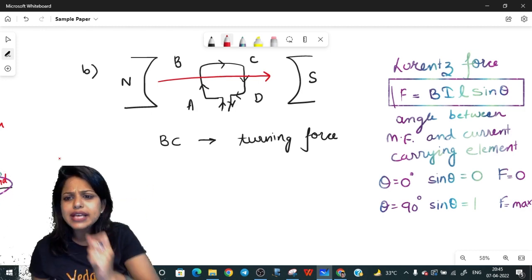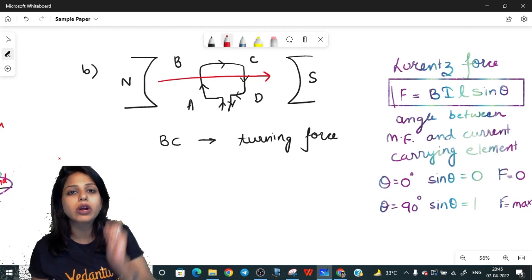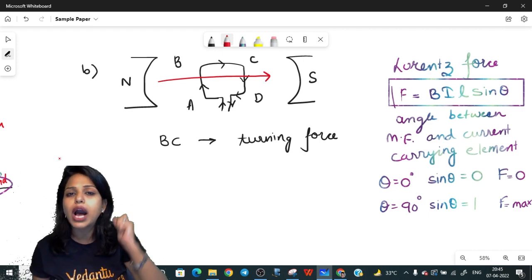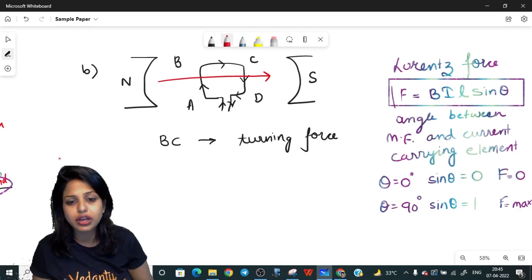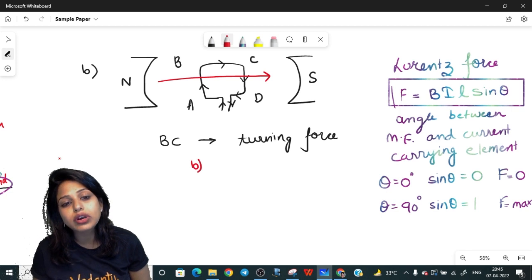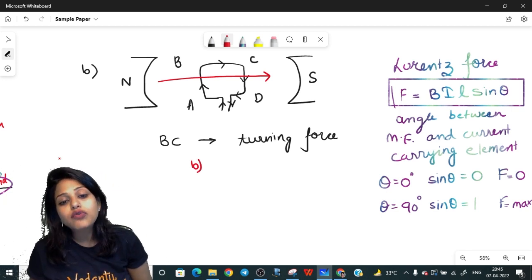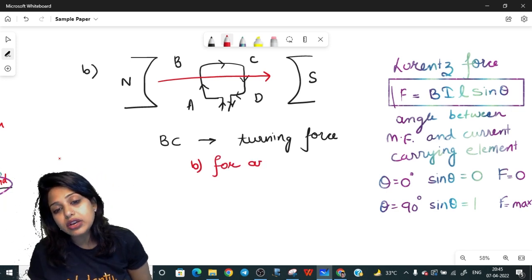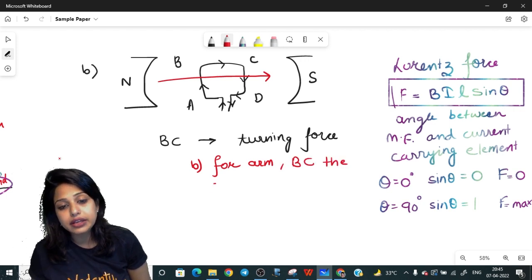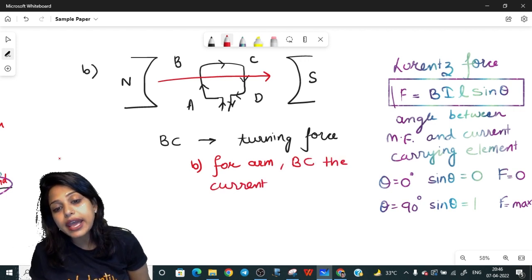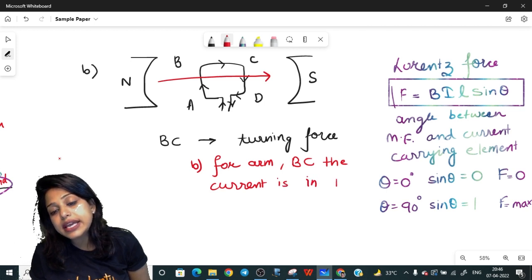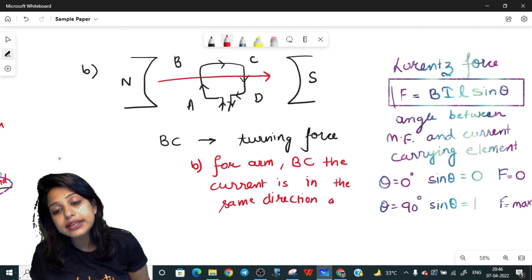Now, to write this answer, will you write this? No, because this is not a part of your syllabus. So, how to answer such a question? For such a question, you will answer: for arm BC, the current is in the same direction as the magnetic field.